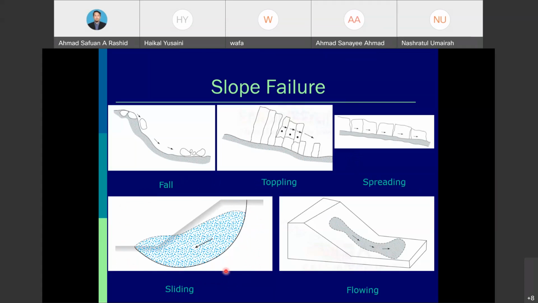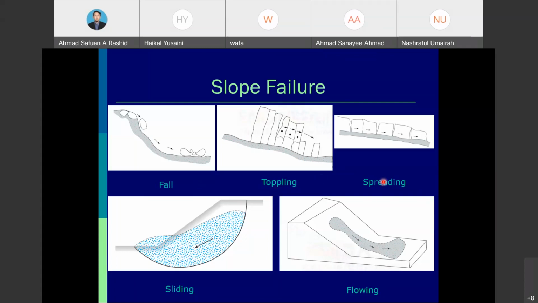In this particular subject, all of our discussions are based on sliding movements. However, I will discuss a little bit on fall and toppling, where toppling normally occurs on rock slope structures.